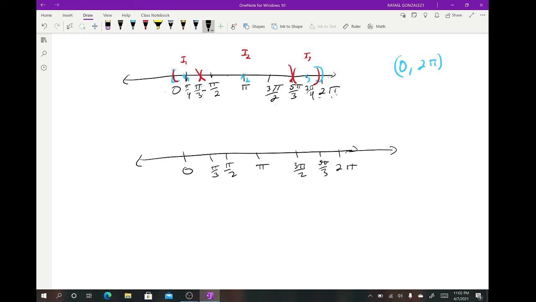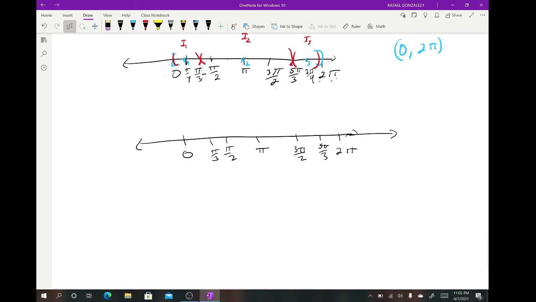All right, now that we have our test values, we have to plug into the derivative. So I have to find out, when I test, what f prime of pi over 4 is, what f prime of pi is, and what f prime of 7 pi over 4 is.